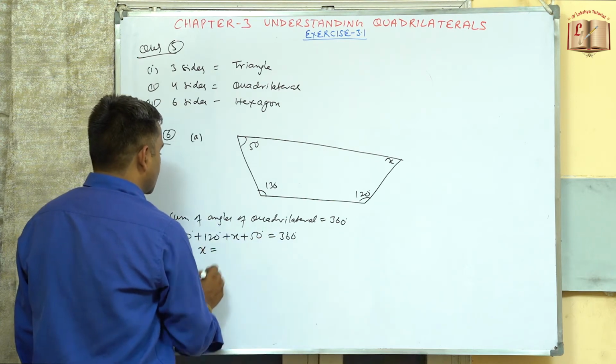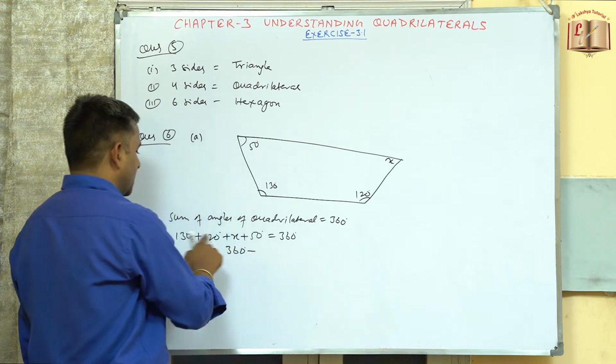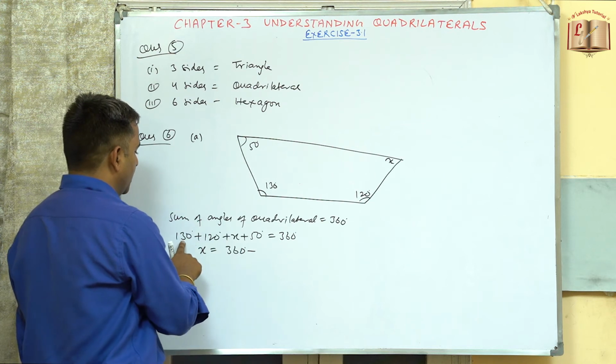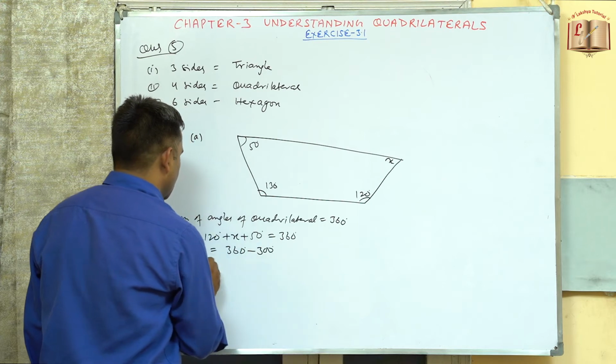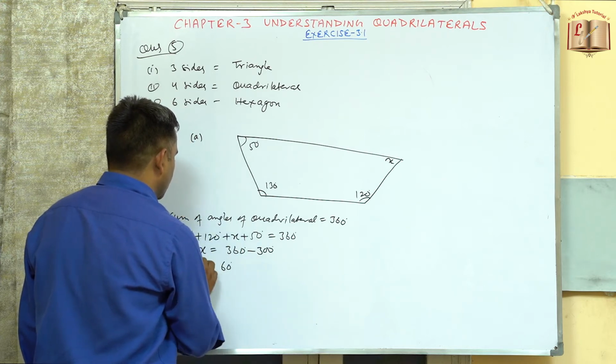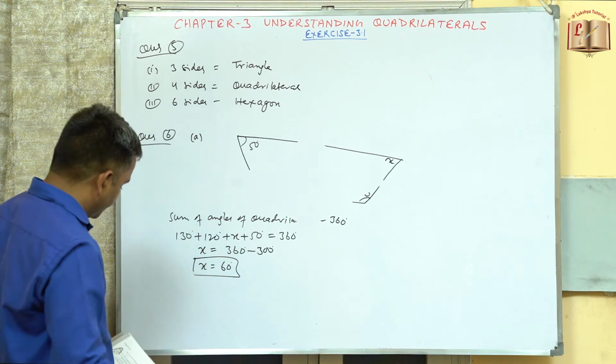So this will be 250 plus this, so this is 300. So we got x equals 60 degrees from here. So x is 60 degrees.